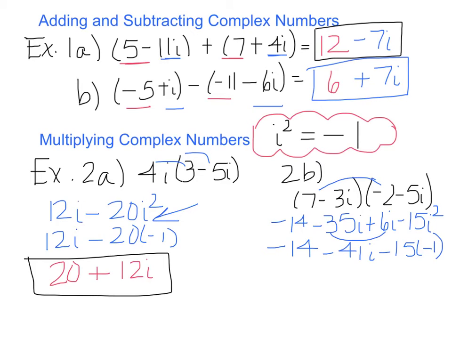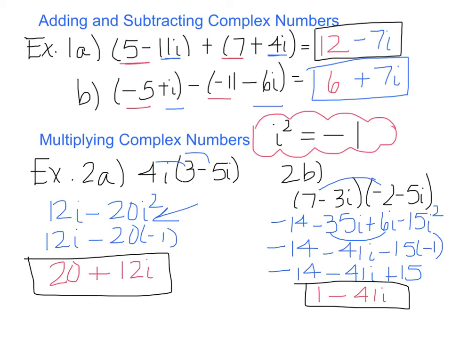So I'll have negative 14 minus 41i plus 15. Combining like terms, I'm going to end up with 1 minus 41i. And there's your answer. So that's multiplying. Just remember, i squared equals negative 1.